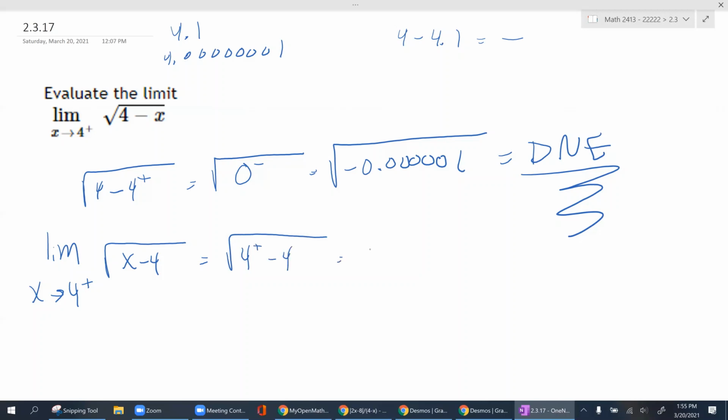So it's going to be 4.1 minus 4. It's going to be 0, but it's going to be from the positive side. But hey, guess what? I can take the square root of 0 values. That's totally fine. What is the square root of 0?